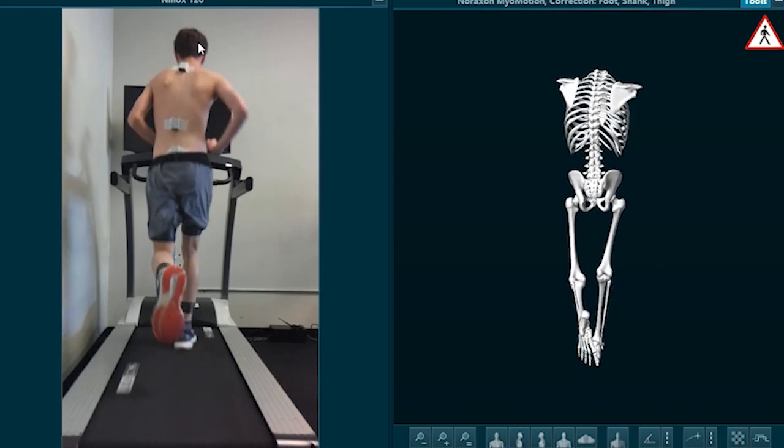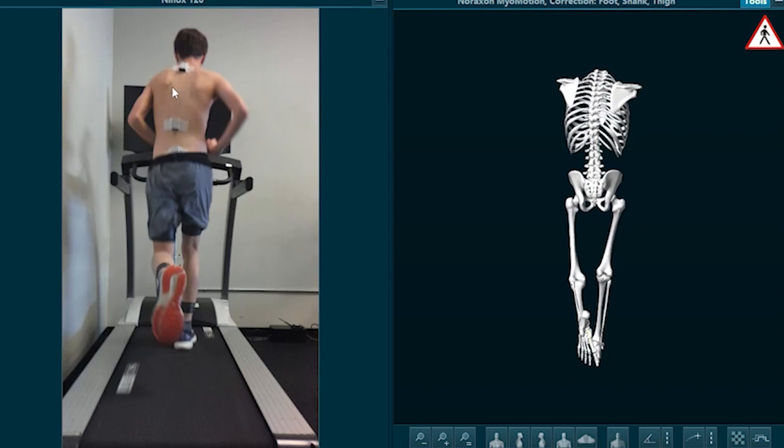And what you'll see here is this runner already has a curve in his spine due to his pelvis, this bone, starting to drop on the left side, which is the side opposite of his stance leg. This is commonly seen in runners with runner's knee, that the core, the back muscles, and the front abdominal muscles aren't functioning correctly to stabilize the pelvis with the pelvic muscles.